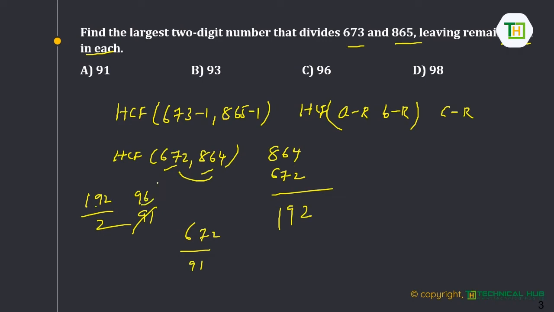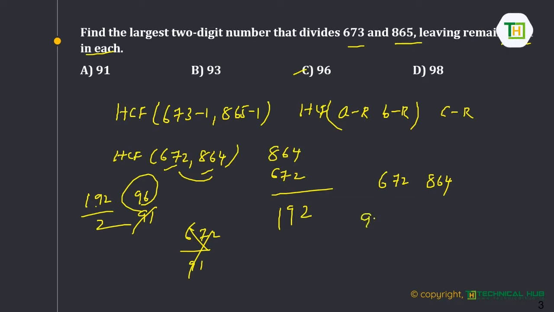Not 91, 96. The difference 192 divided by 2 is equal to 96. Now check that 96 divides 672 and 864. That is the HCF of the given two numbers. So 96 is there, so definitely the answer for this question is 96.